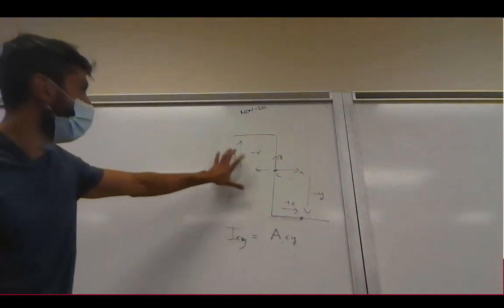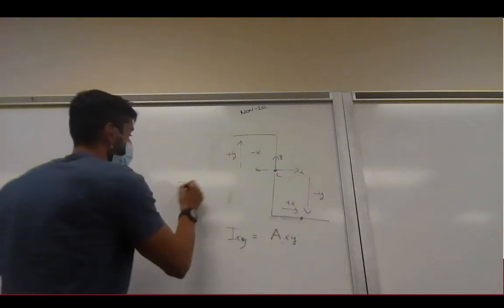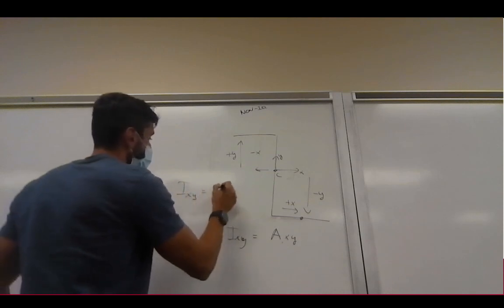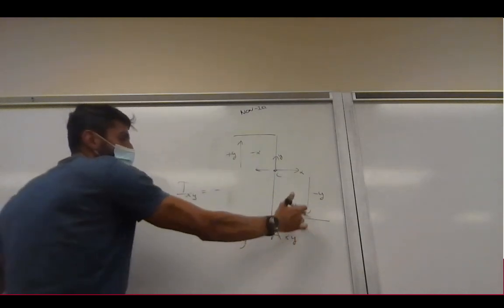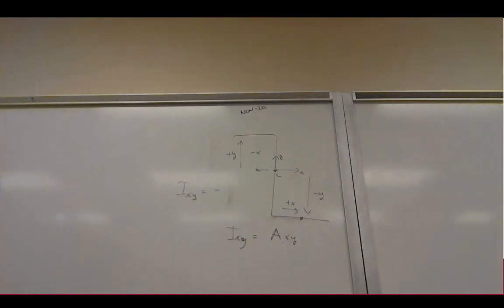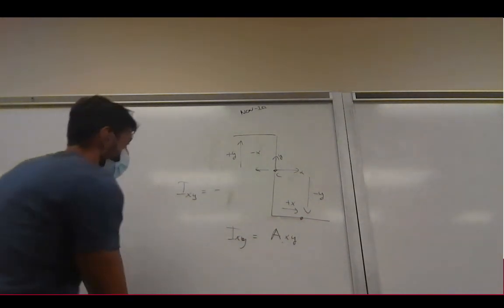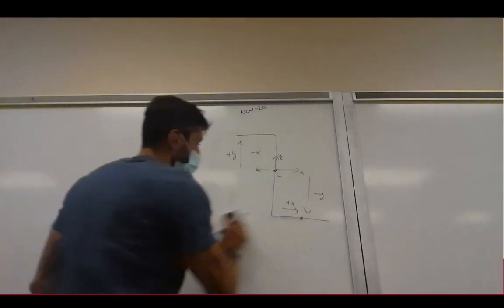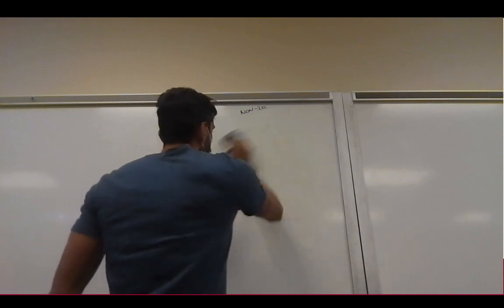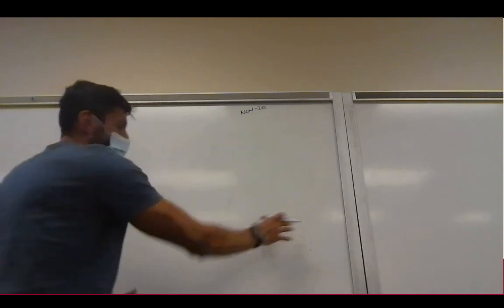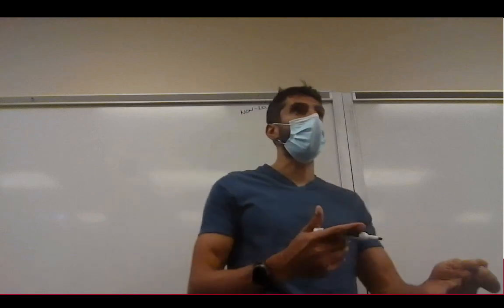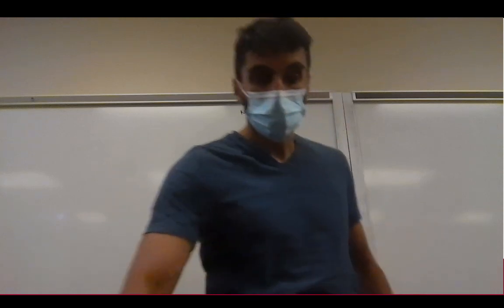In this case, you have two negatives, so your XY term will be a negative, and will be basically twice 2 times. Okay. So it's important for the XY terms to take into account the local coordinate of our segment and whether it's negative or positive with respect to the centroid.